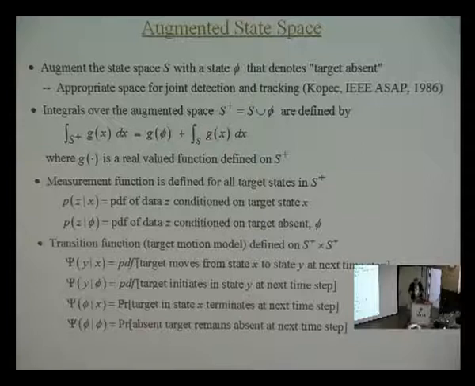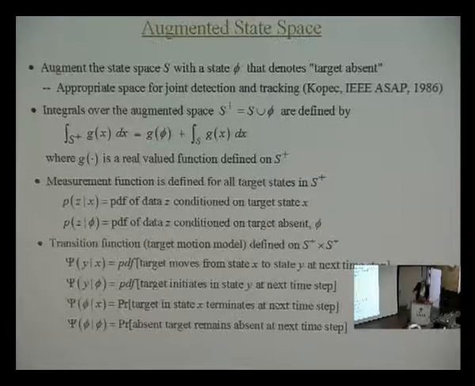Well, what's psi of y given phi? That's the probability that the target was in phi, that it was absent, and suddenly it arrives at the location y. It's called target birth. So this augmented state space has given us an intrinsic model, via the transition function, of target birth. And it's all part of one thing.